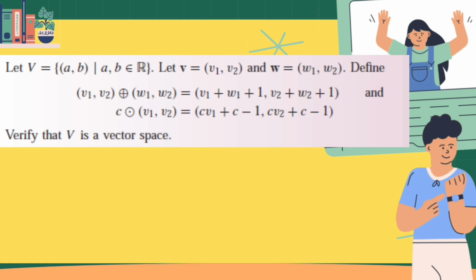Scalar multiplication is c times the quantity (v1, v2), and that is equal to (c v1 plus c minus 1, c v2 plus c minus 1).